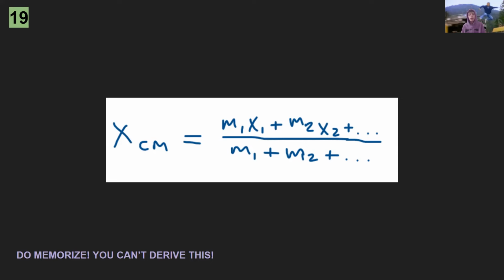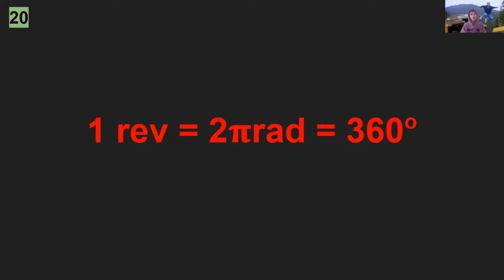But if you were asked to find it, you do mx, add all the mx's depending on how many masses there are, and divide them by the sum of the masses. And you would want to memorize this because you can't really derive this.